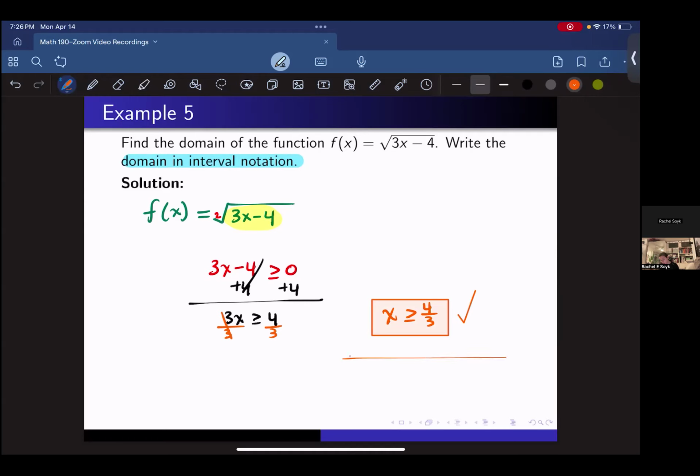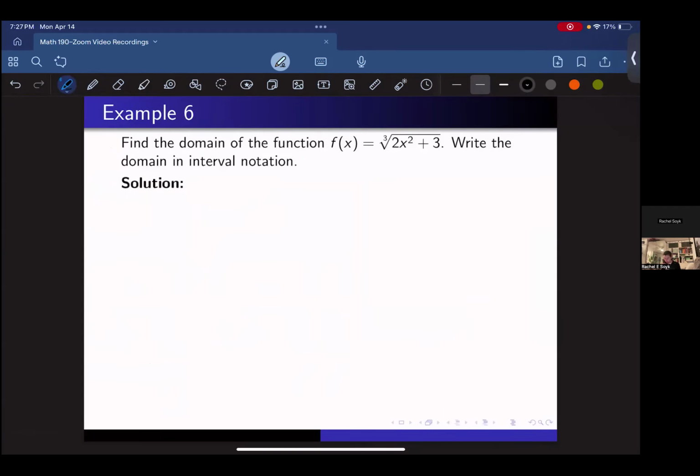So how does this look on a number line? We draw out our 4/3. It's going to be a closed circle because we're including that 4/3, and it's all numbers greater than that. So interval notation, hard bracket, 4/3 shoots up to positive infinity. And we're done. Easy enough. But let's do some more examples together.